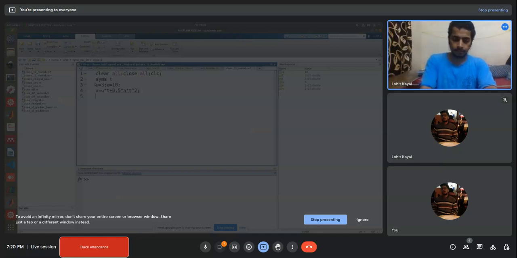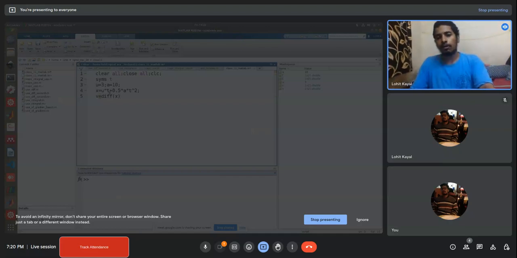This is x, and v will be diff of x. Here t is the only symbolic variable, so it will automatically differentiate with respect to t.